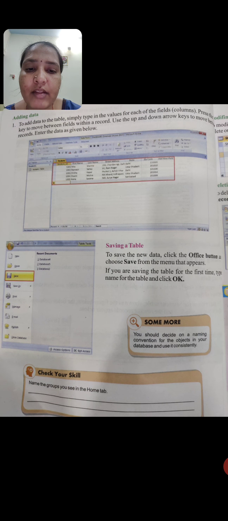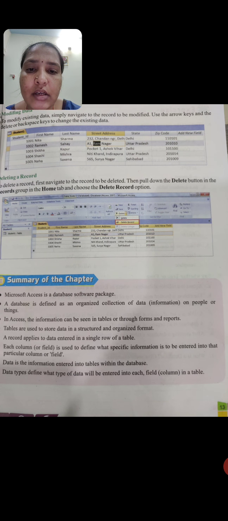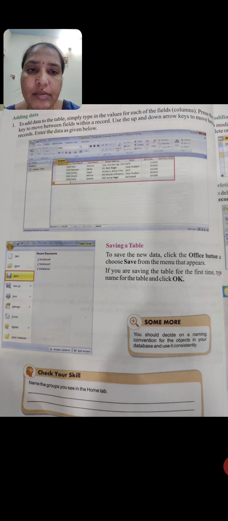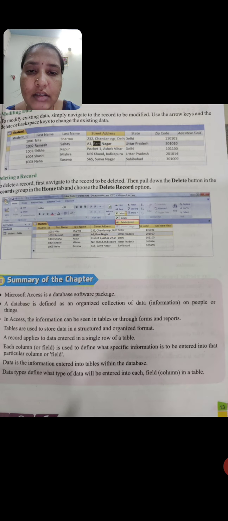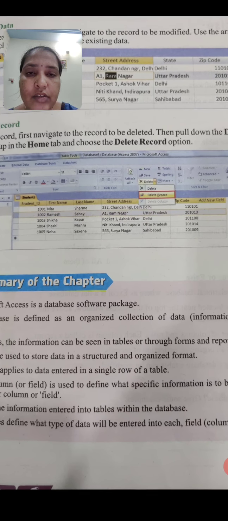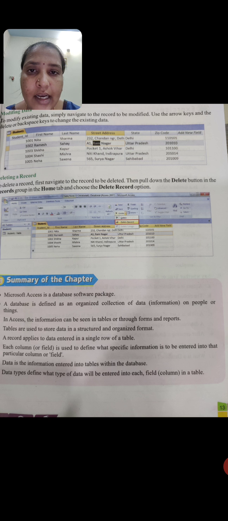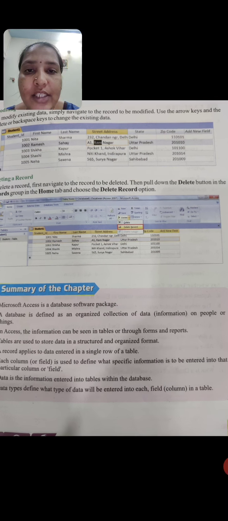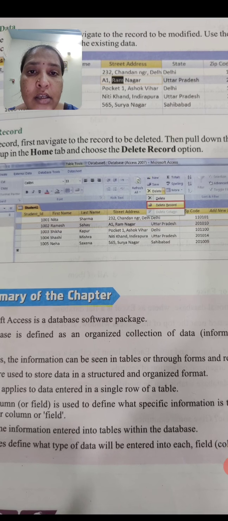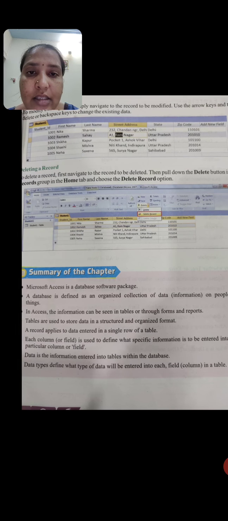Sorry, before that there are some topics before completing this first chapter. After we are saving the data, we can modify it. For example, consider we have entered the student details in the table.